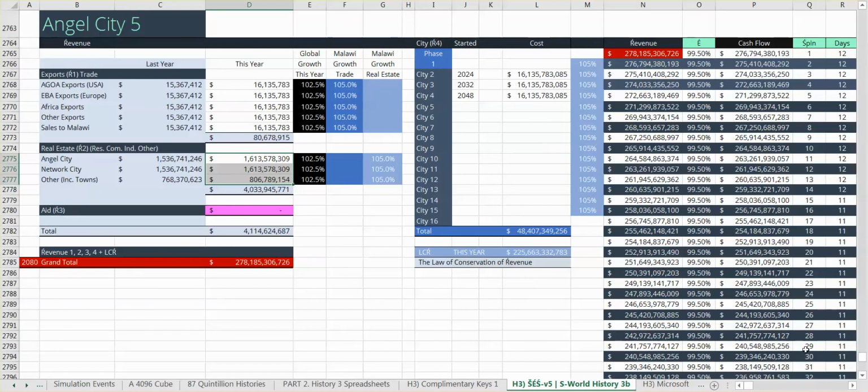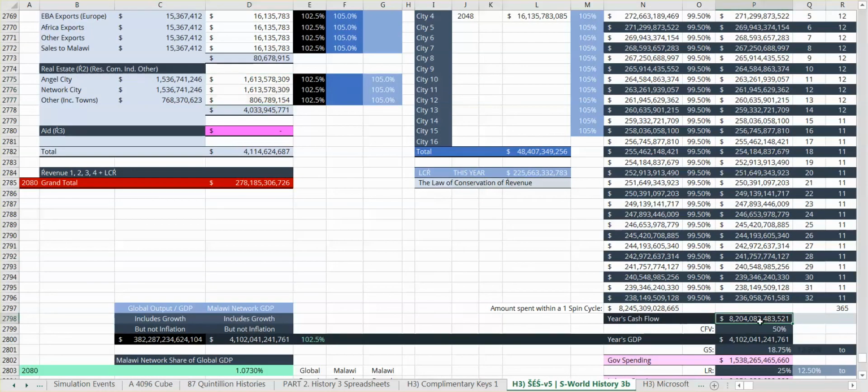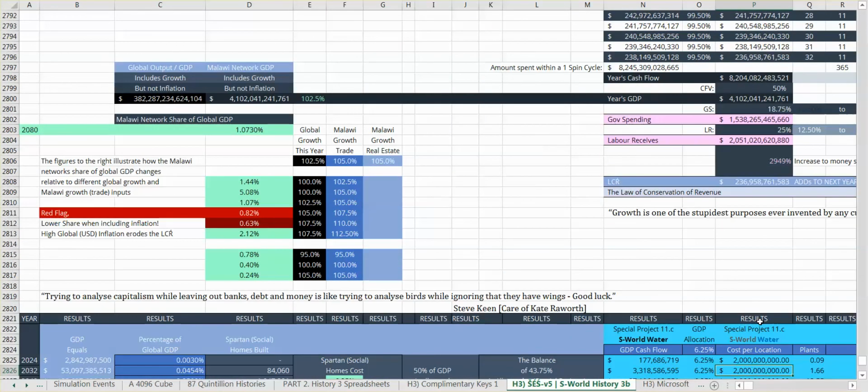Right, so as we can see, spin 32, and the cash flow now is 8 trillion, but that's actually more like 2 trillion in today's spending. That's cash flow for 4 trillion in GDP, which in today's terms is about 1 trillion. And we can see some variations using different growth.